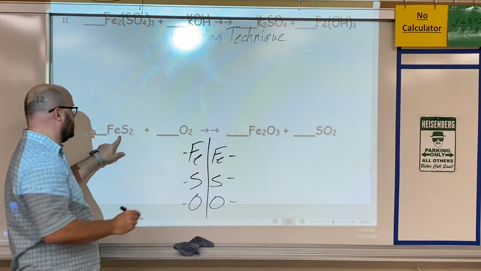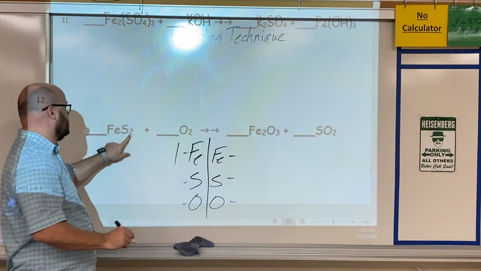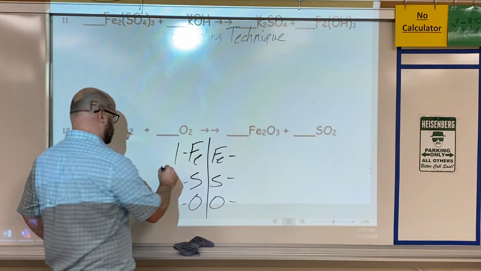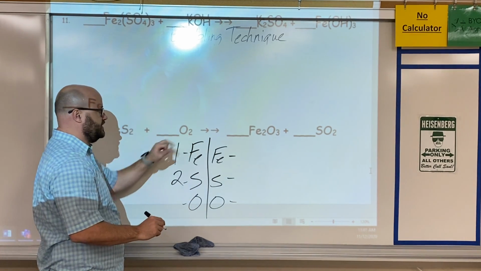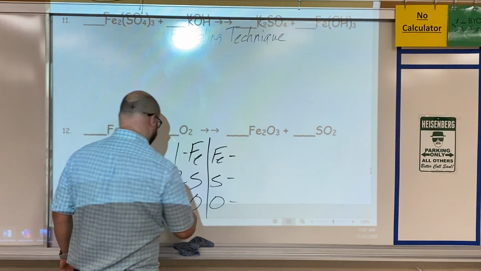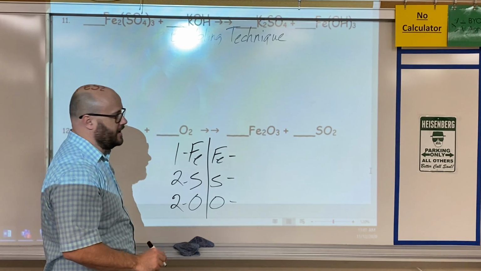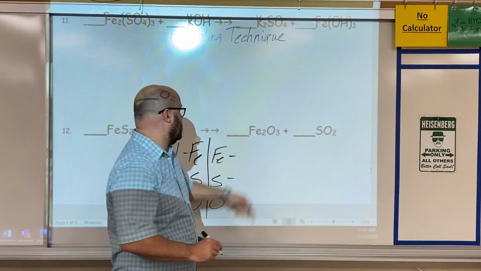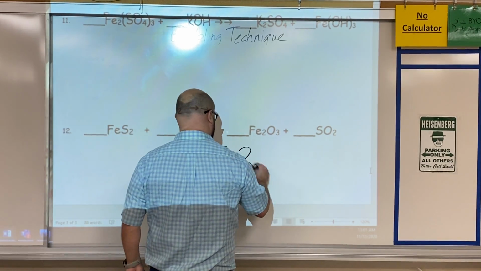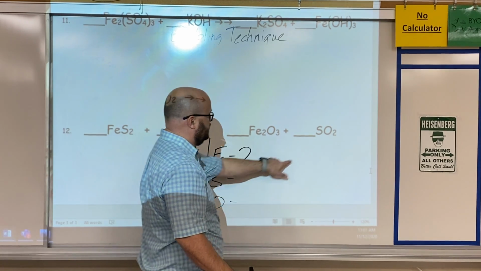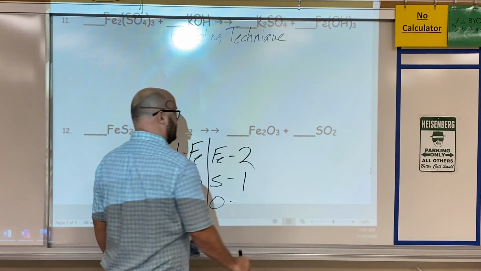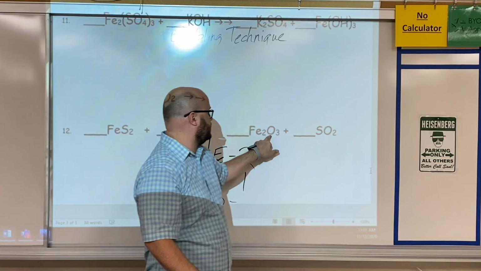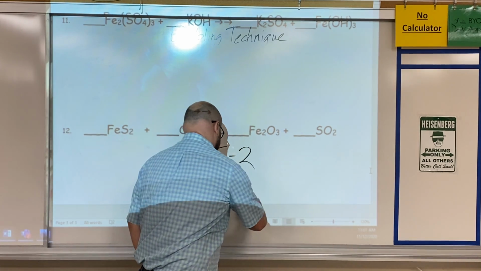Iron, we got 1 on this side. Sulfur, we got 2 on this side. Oxygen, we got 2. Oxygen's going to be our wild card. Iron is 2 over here. Sulfur is 1. Oxygen, 3 plus 2 is 5.